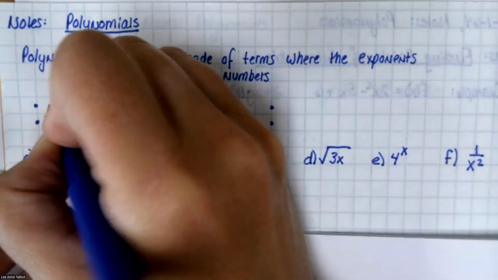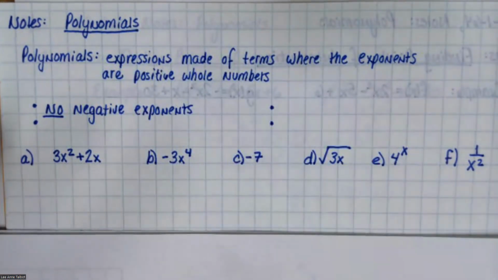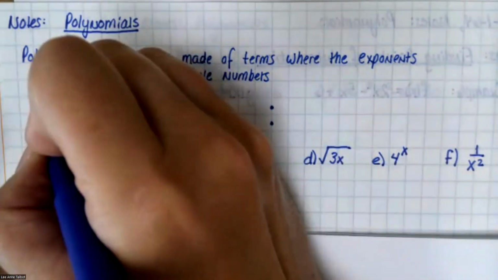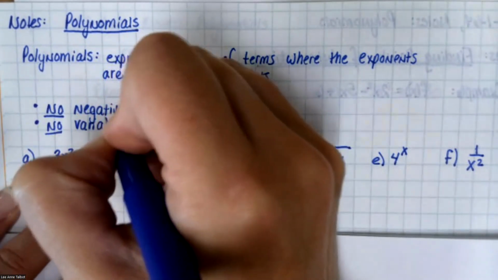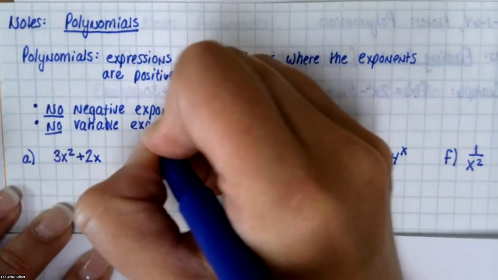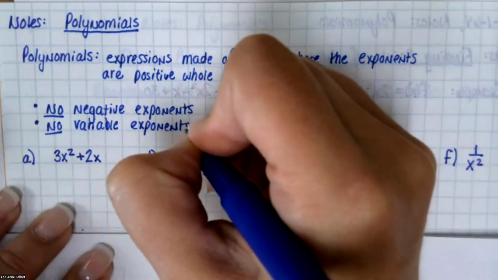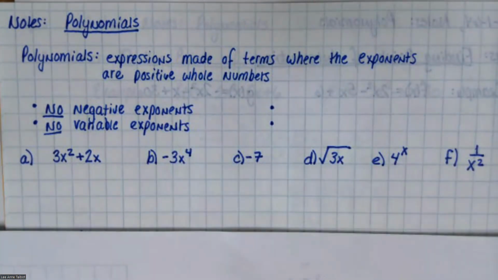Okay, you're like, we did not need to write that. You just told me the exponents had to be positive whole numbers. I know. Okay, no variable exponents. Why would a variable exponent not work? Because you don't know if it's positive or negative. You don't have full evidence that it's positive, so that's not it.